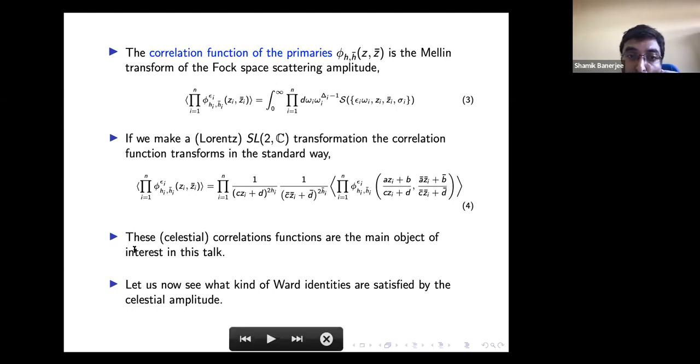These correlation functions are the main object of interest in this talk, and now we have to see what kind of Ward identities are satisfied by these celestial amplitudes.